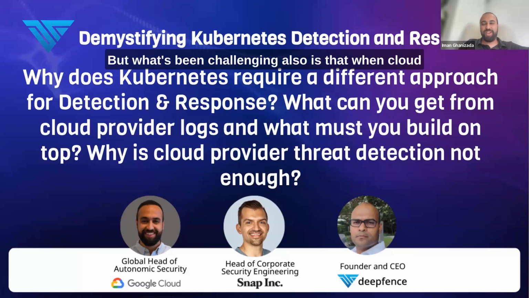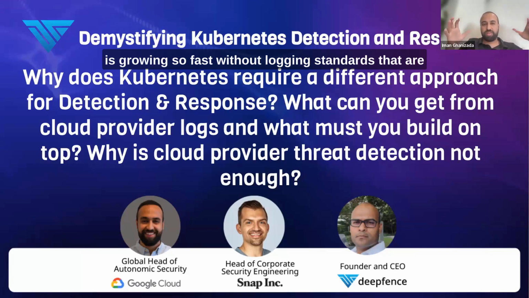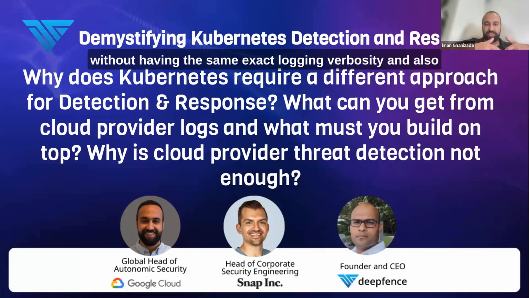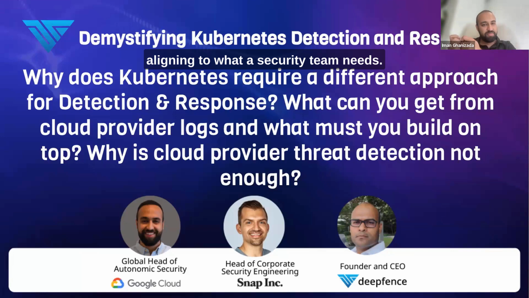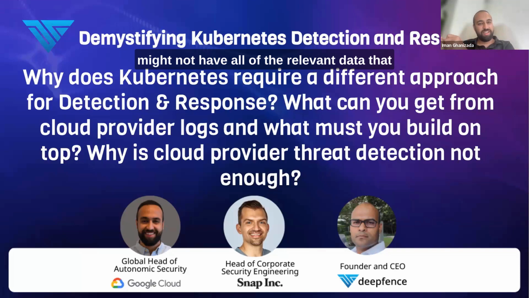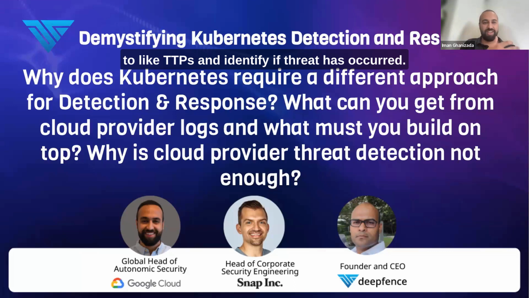But what's been challenging is that when cloud is growing so fast, without logging standards that are truly enforced, a lot of products get built without the same logging verbosity and without aligning to what a security team needs. They might have all the observability data, but not all the relevant data a security team needs to map to TTPs and identify if a threat has occurred.